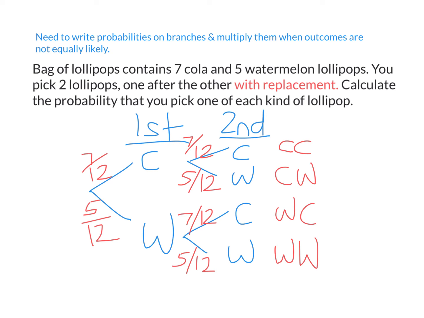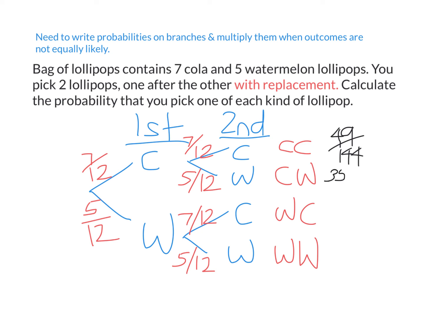How do we find their probabilities? Well, what's the probability of 2 colas? It's not 1 over 4 because, again, these are not equally likely. How I find the probability of each outcome is by multiplying the probabilities on the branches. So the probability of getting 2 colas is 7 over 12 times 7 over 12, or 49 over 144. The probability of getting a cola then a watermelon is 7 over 12 times 5 over 12.